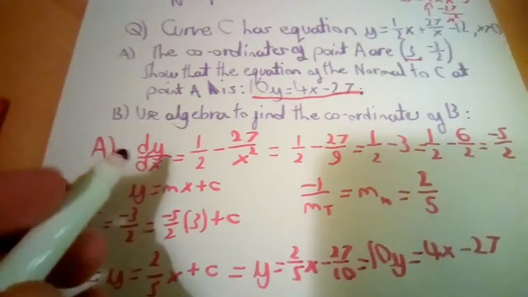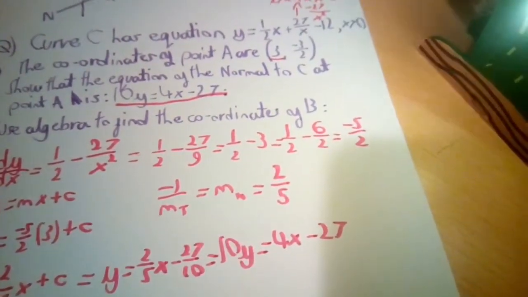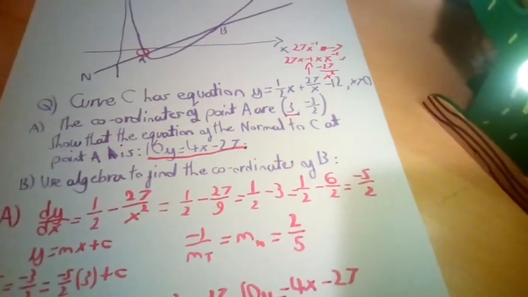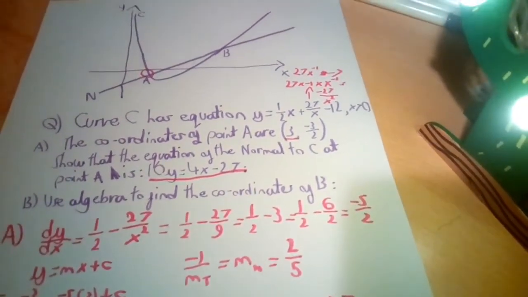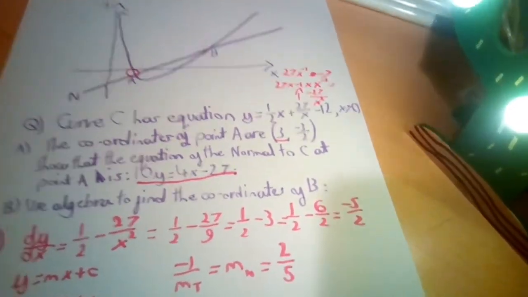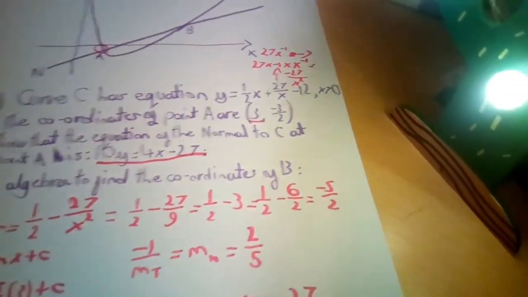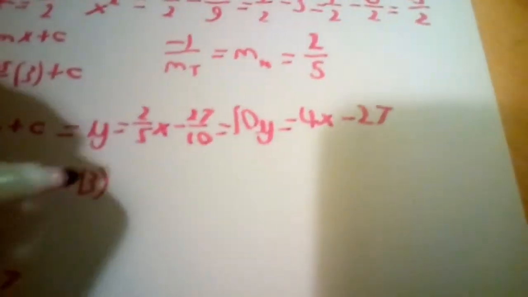Okay, use algebra to find the coordinates of B. So basically we need to set the equations of the line of the normal and C equal to each other to find the x-coordinates of where they intersect, using simultaneous equations. So this is in the form 10y, so I'm going to scale up C by a factor of 10.